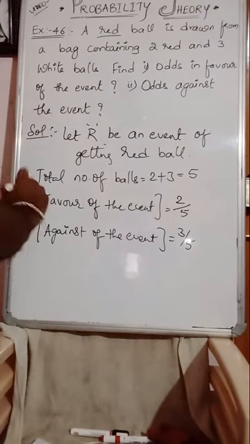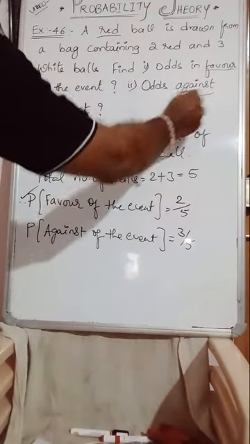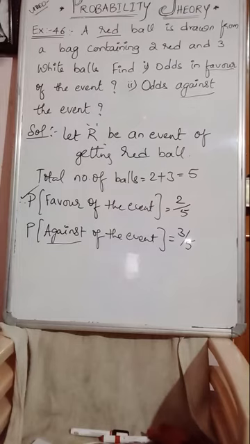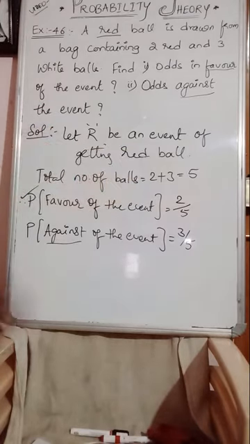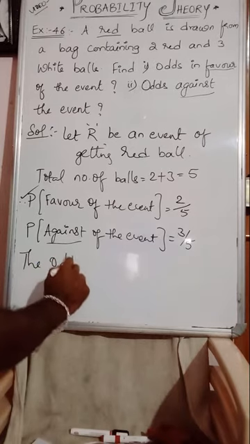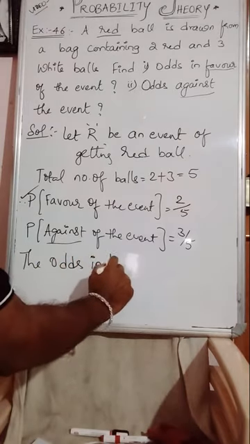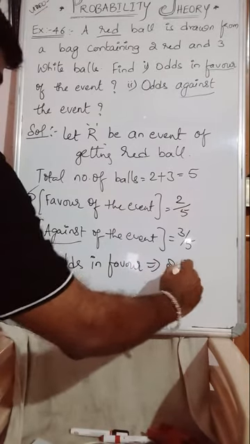So in the question, one is favor, another one is against of the event. And what is the event here? Getting a red ball is the event. Therefore the odds in favor is 2:3.